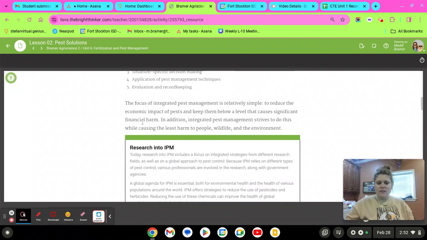So the focus is to reduce the economic impact of pests and keep them below the level that causes significant financial harm, because these pests can really cause some damage. If you know anything about the boll weevil, it is a pest that devastated the cotton crop in the 1980s and before, or even way before then.